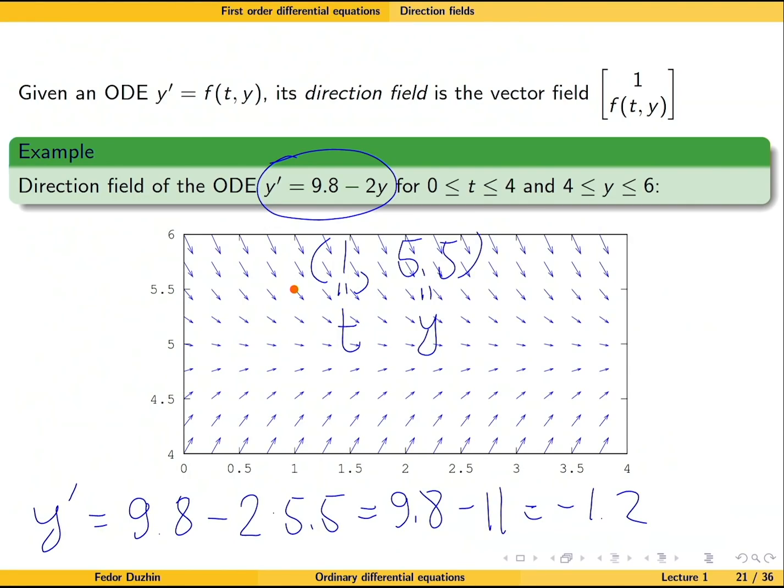So it means that at this selected point, our direction field has coordinates 1 and minus 1.2, which is what you see. The 1 is the first coordinate, so it points to the right. The second coordinate is negative, so it points to the right and downward. And the two coordinates are almost equal, so the slope is almost 45 degrees. And this is what you see. That's the arrow.